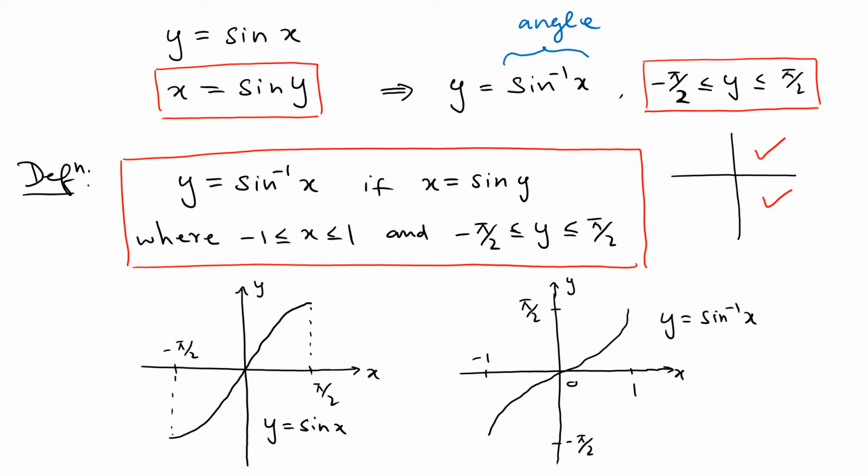You can see one starts at negative pi over 2 to pi over 2 and gets values between -1 and 1. The other one starts at -1 and 1 and gets values between pi over 2 and negative pi over 2. So those are the two graphs. When you try to solve problems, we're going to make a short note.